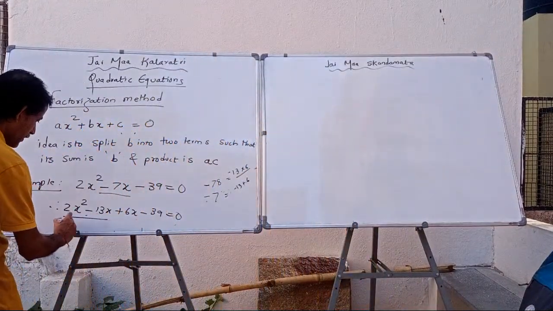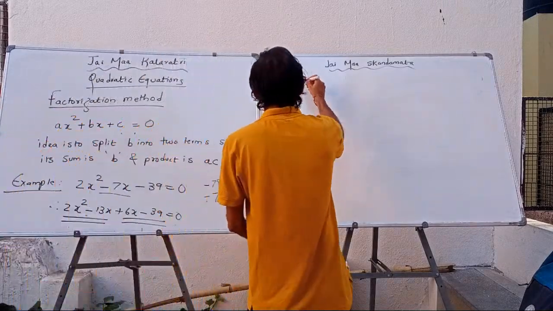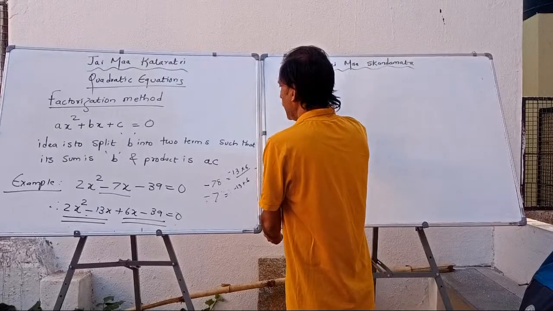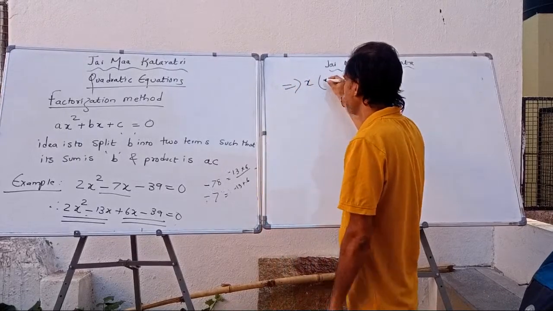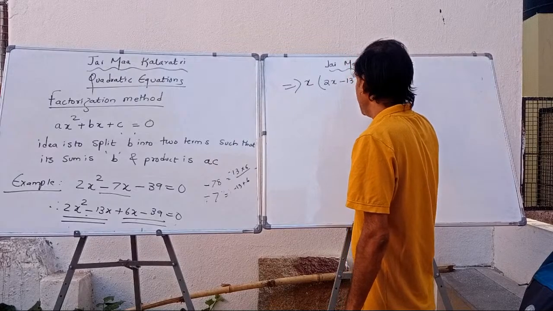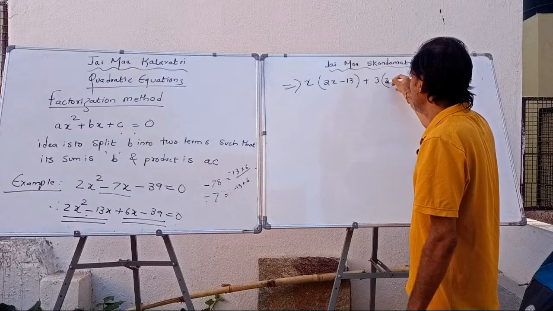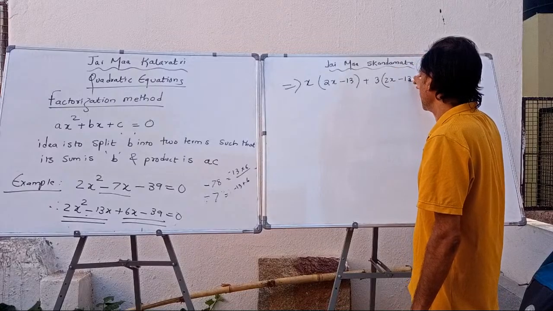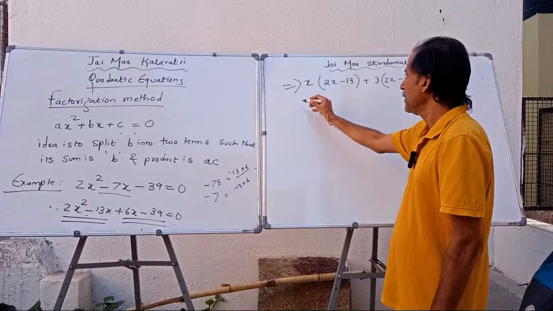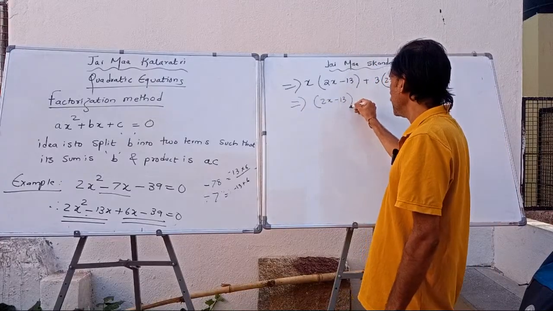Alright. So now, once I have split, what should I do? Let me take these two terms together and these two terms together, and take out common terms. So x is common, implies 2x minus 13 plus 3 (2x minus 13) is equal to 0, implies 2x minus 13 is common.